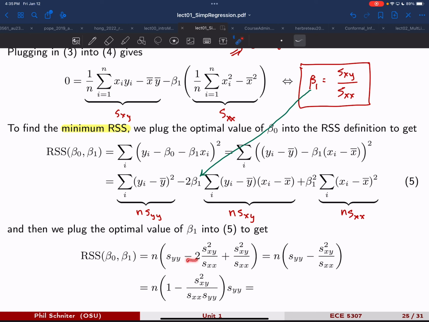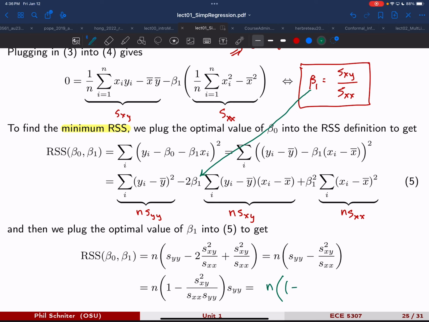So -2 plus 1 is -1. And we could do one more thing. Optionally, we could pull this out. And now you can see we have 1 minus this ratio. Does anybody notice how we could simplify that?